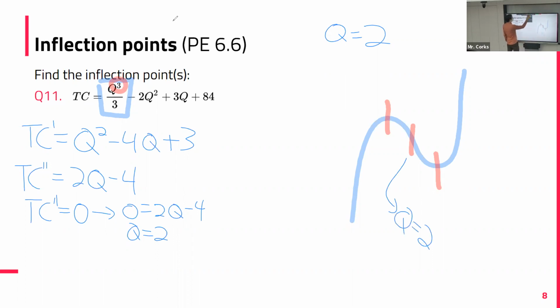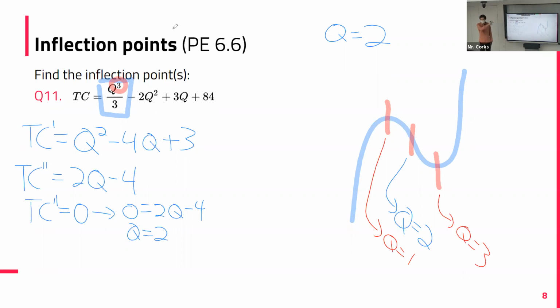And if we remember from last time, we have these 2 other turning points at Q equals 3 and Q equals 1. We notice the symmetry, the same distance between each of those points. Doesn't always happen, but will often happen. All right, so that's where the inflection point is.